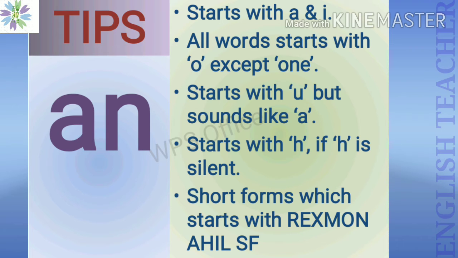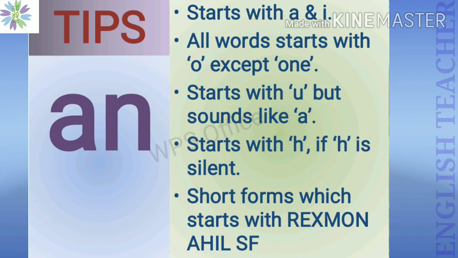Listen to the rules of indefinite articles with these tips. First, an should be used if the word starts with the letter A or I. If a word starts with O, without exception, an should be used. If the first letter of the word is U and it sounds like A, then an should be used.